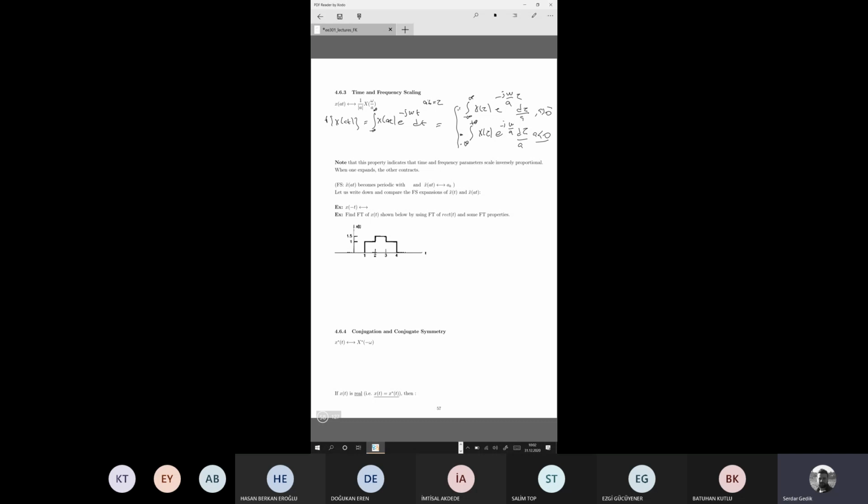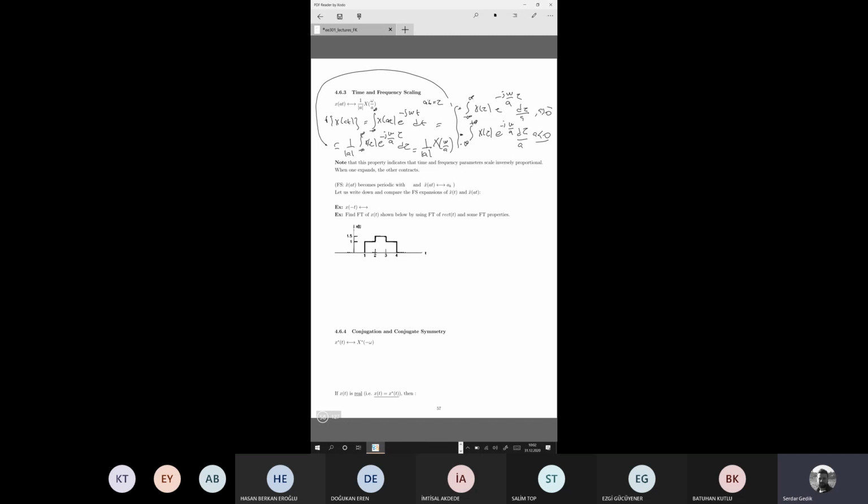If a is positive, there is a plus here. So it is simple. This is equal to 1 over the absolute value of a times the integral from minus infinity to plus infinity of x of tau e to the power minus j (omega over a) tau d tau, and this is nothing but 1 over the absolute value of a times X of omega over a. So that's it. Simple.